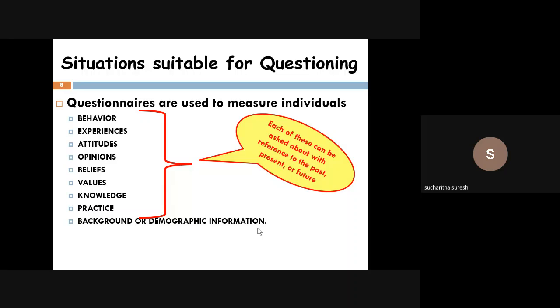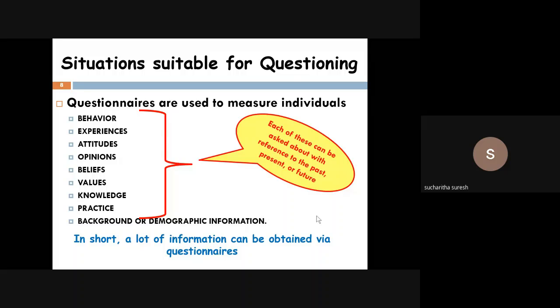So the future also can be asked, right? That is the beauty of the questionnaire, actually. In short, a lot of information can be obtained via a questionnaire. But we have to prepare it very scientifically and very logically, so that people are not tired by answering only one or two questions and then say that you get lost.